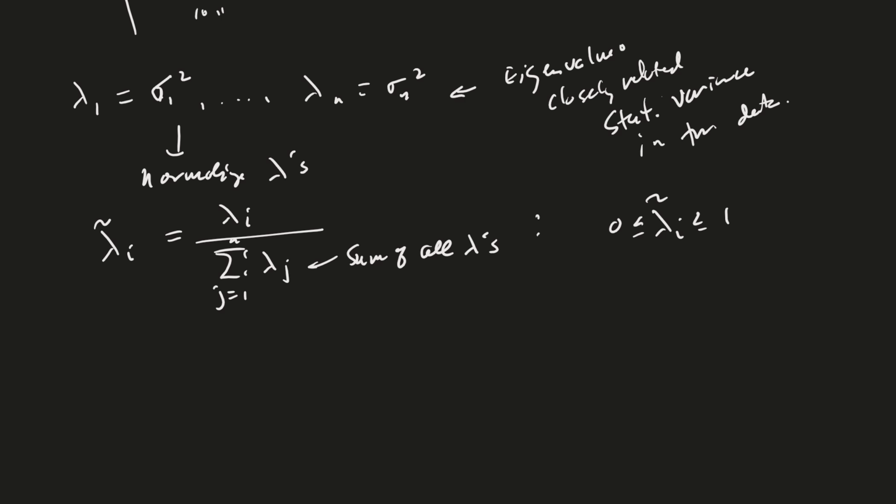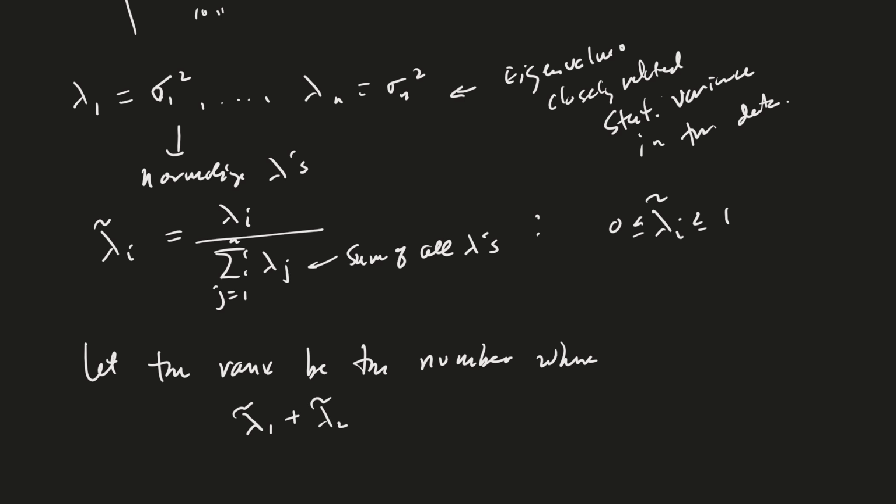Okay, and so what people will do is let the rank be the number k where the sum of lambda 1 tilde plus lambda 2 tilde plus up to lambda k tilde is greater than or equal to some cutoff, say 0.99.